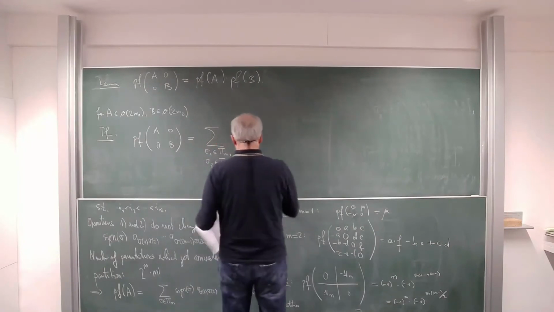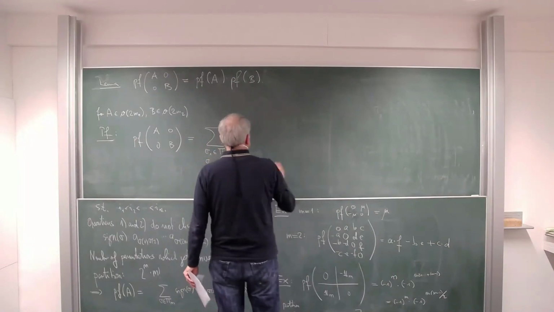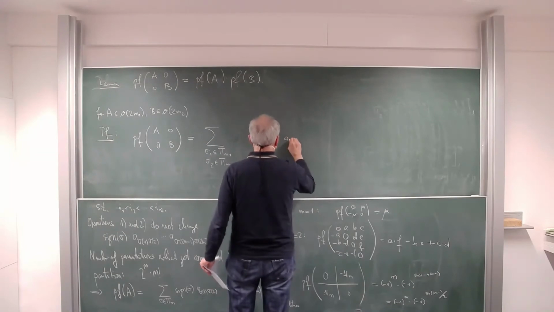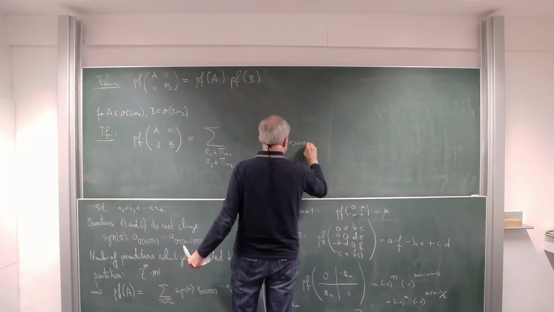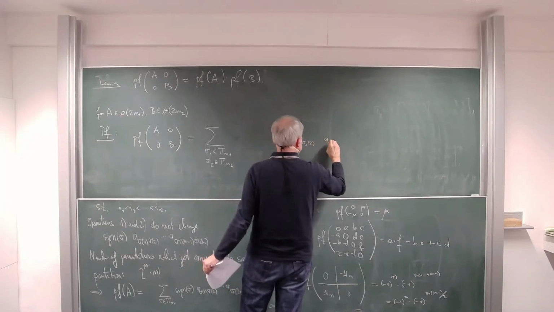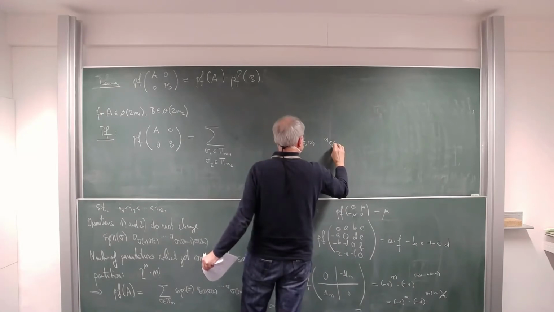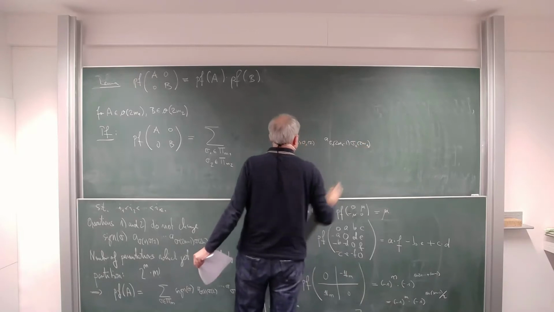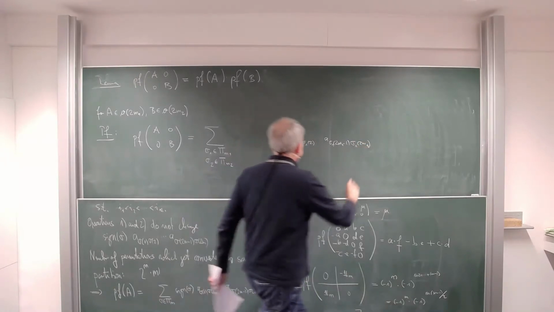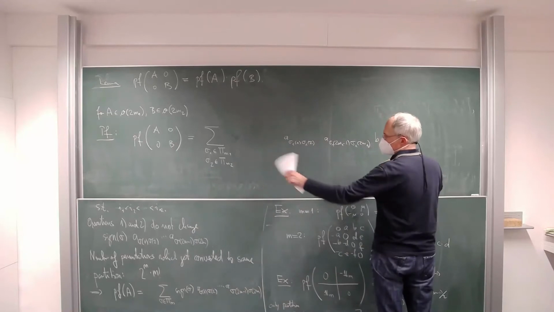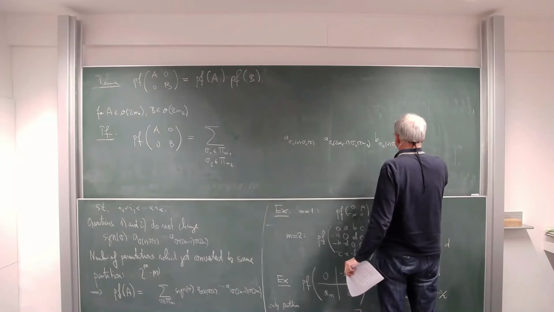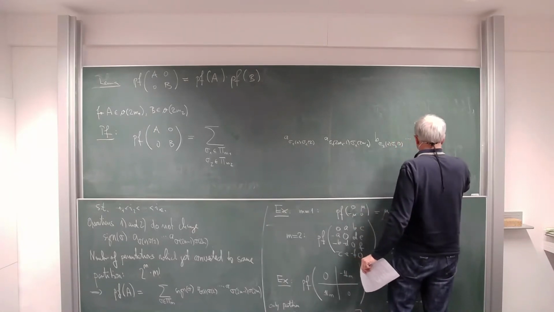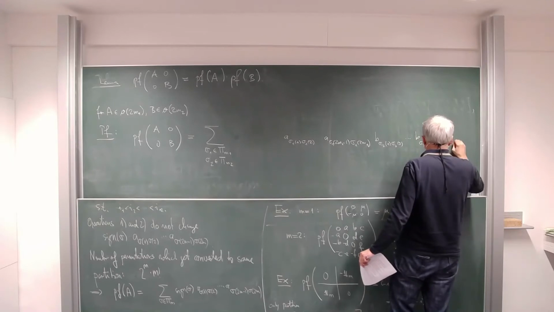This will give us first entries coming from the first partition, all the way up to this one. And then we get the pairs coming from the second part, which will be sigma 2,1, sigma 2,2, all the way up to sigma 2,2m2 minus 1, sigma 2,2m2.